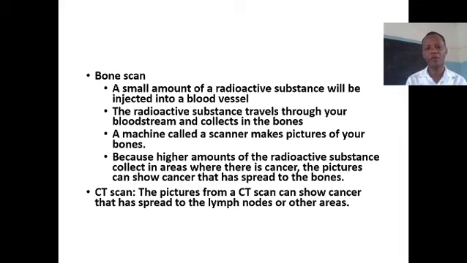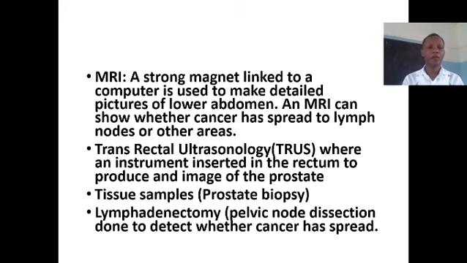The picture from a CT scan can show a cancer that has spread to the lymph nodes or to other areas. Nyingine ni MRI. Nyingine ni transrectal ultrasonography, where an instrument is inserted into the rectum to produce an image of the prostate.